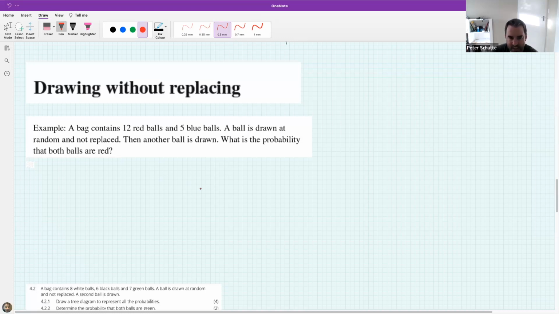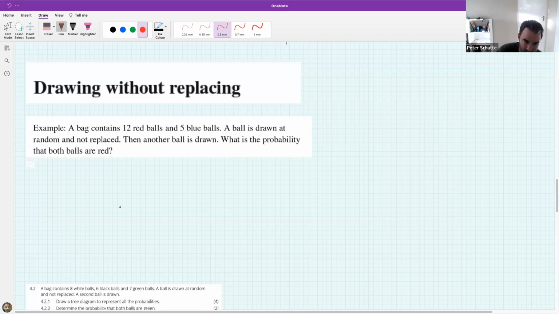Do you think the events of drawing a ball are going to be independent of each other? Or if you don't put it back, are they going to actually affect each other? What do you think? Some people are saying decrease the number. Some people are saying dependent. You're right. The second one, in some senses, depends on what you get from the first one.